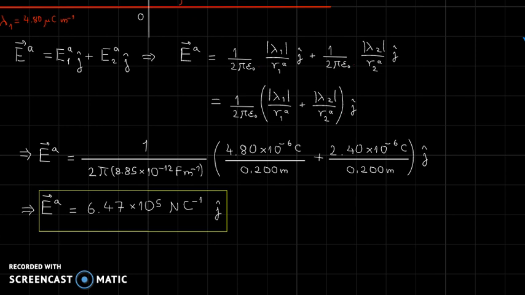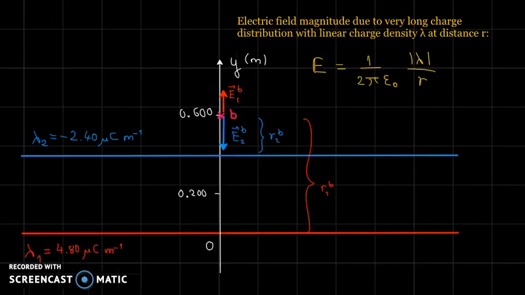direction. In part B of the problem, we're calculating the net electric field at the point with coordinate y equals 0.600 meters. I call that point B, and let's take a look at the electric field vectors.